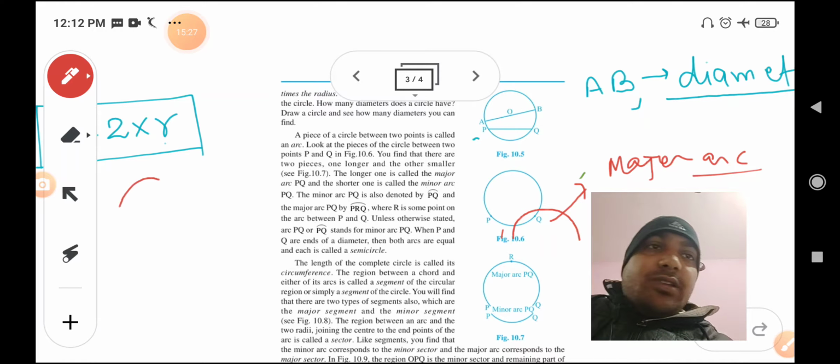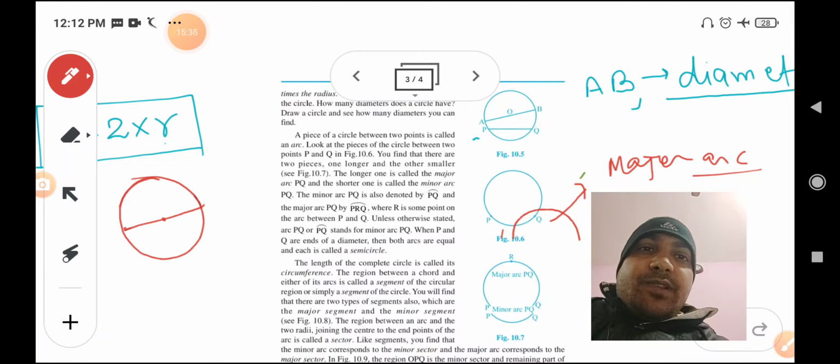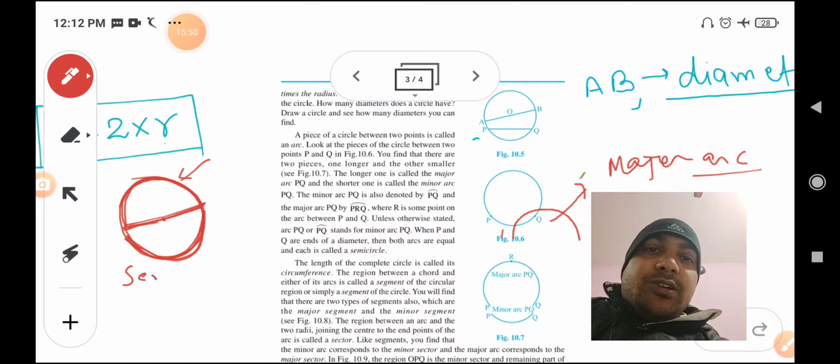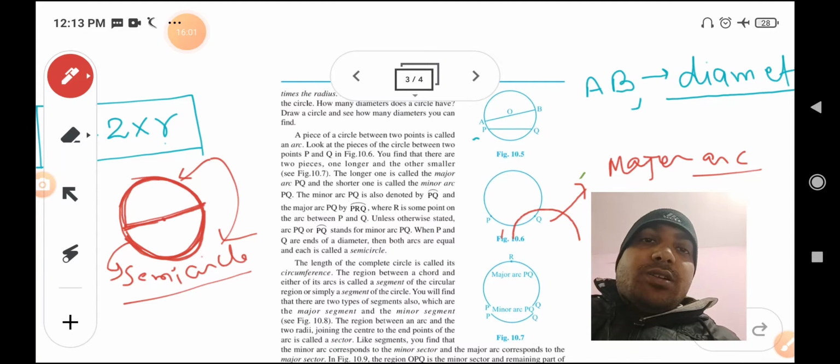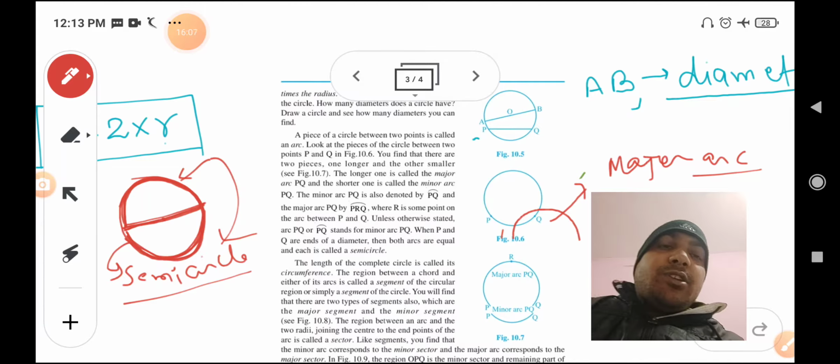Suppose this is a circle, and these are the two ends of a diameter. The diameter divides the circle into equal parts, so this arc is a semicircle and this one is also a semicircle. So in the case of a diameter, the two arcs are semicircles. Is it clear to everyone? Okay.